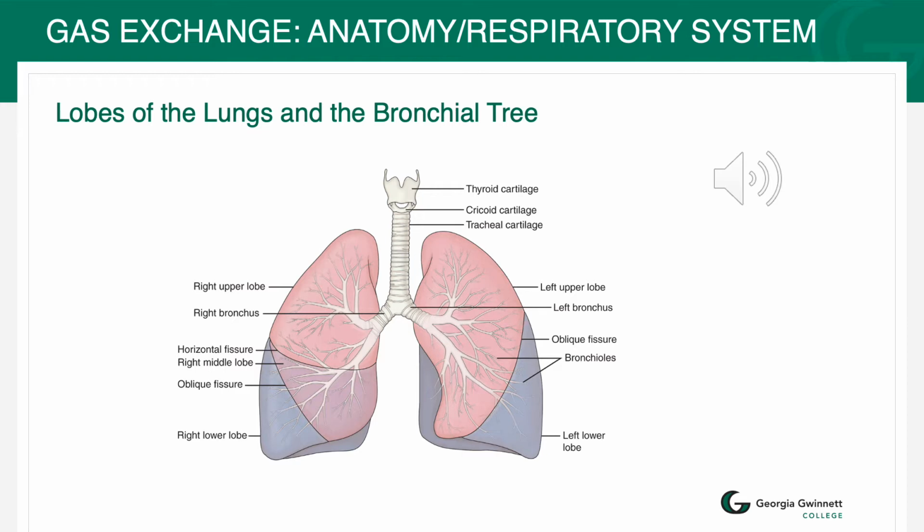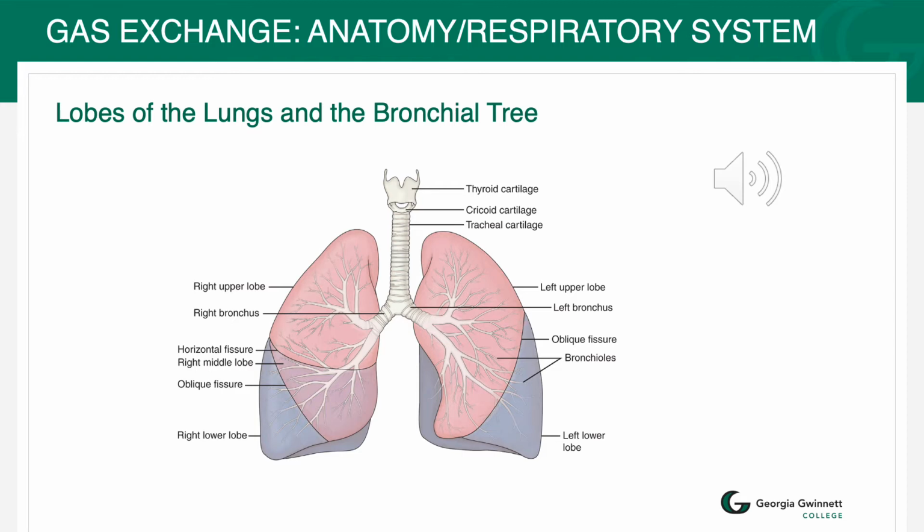What that means in nursing care is that if somebody were to aspirate a foreign body, somebody were to swallow a coin, typically, not always, but typically we'll see that foreign body end up in the right lobe because of the straightness of the trachea.